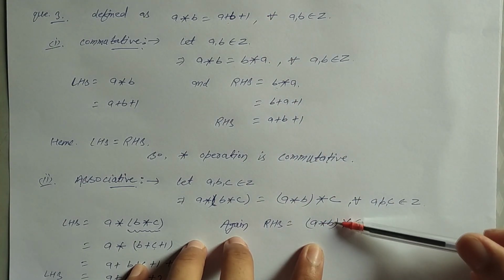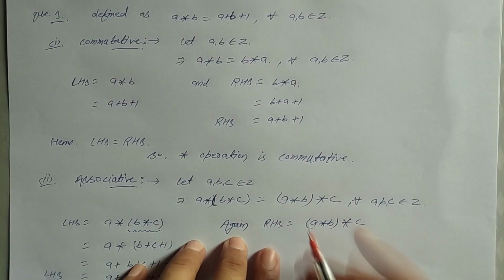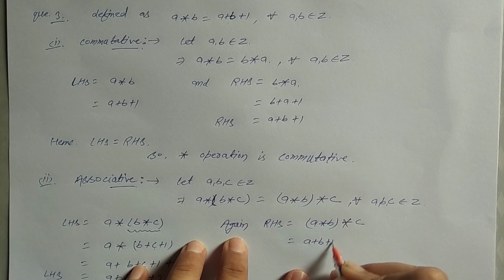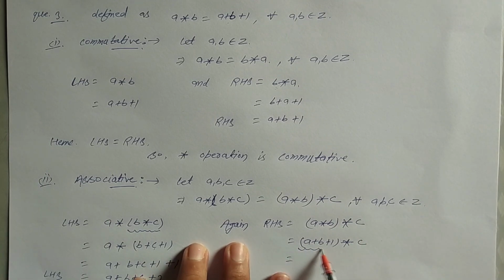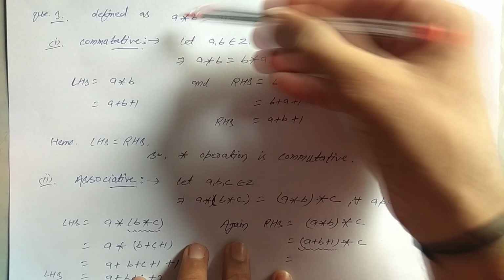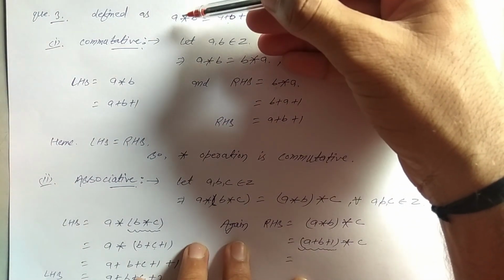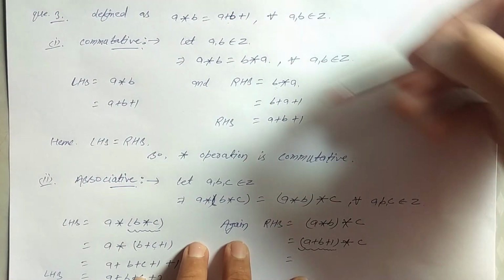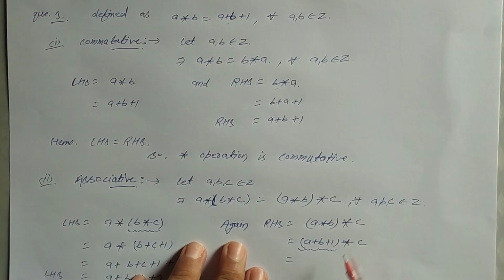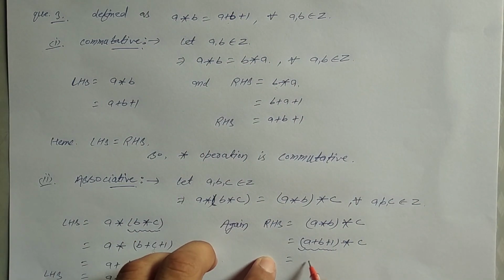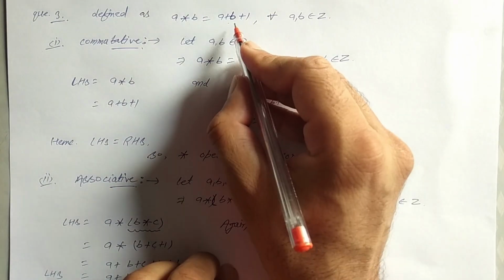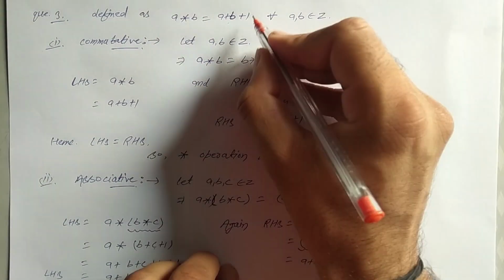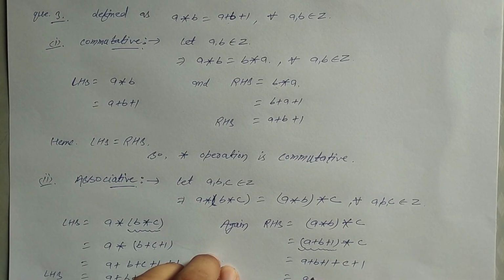So A plus B plus 1 star C, with A equal to A plus B plus 1 and B equal to C. Apply the formula: A plus B plus 1 plus C plus 1 is equal to A plus B plus C plus 2.